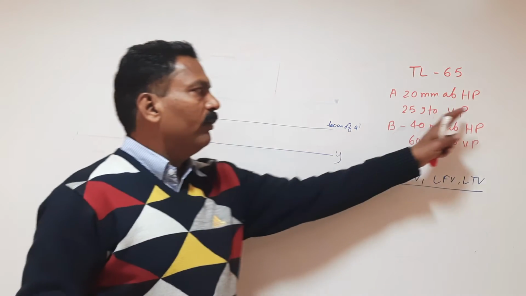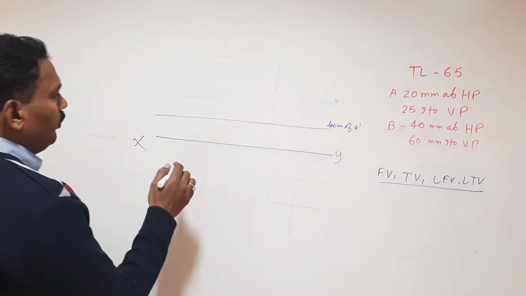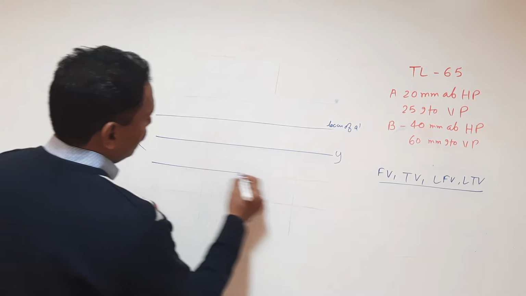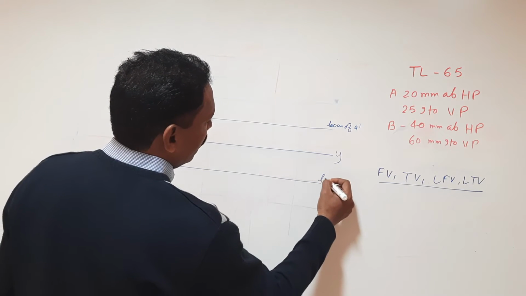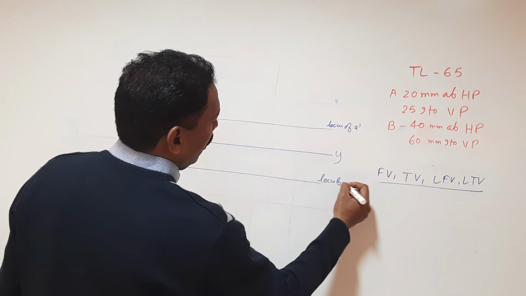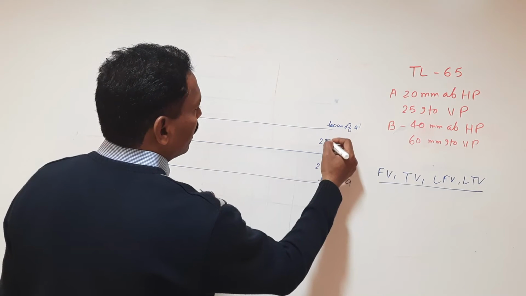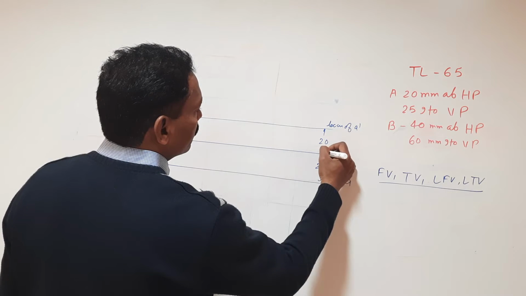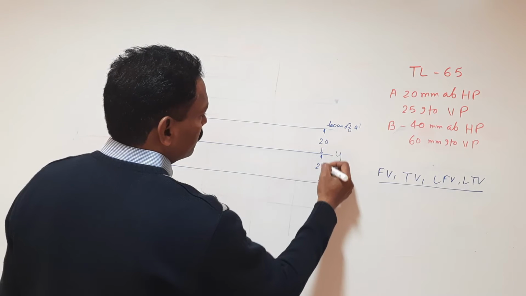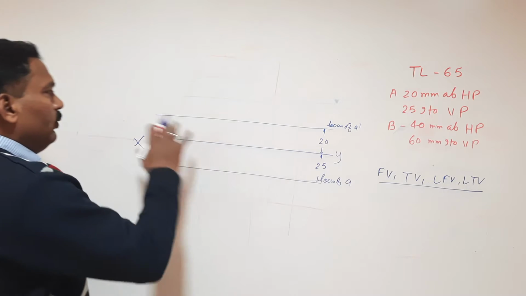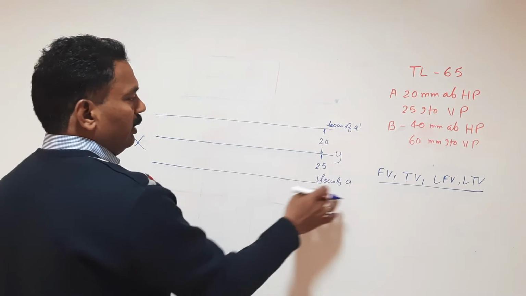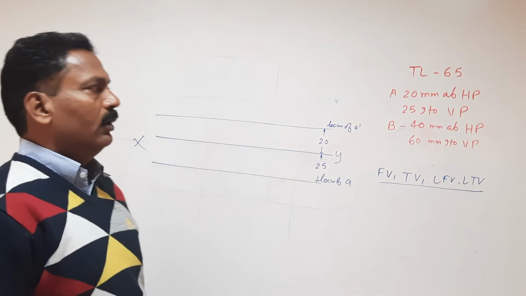As the point is 25 mm in front of VP, the top view of A will be at a distance of 25 mm. It is the locus of point A. This distance will be 25, this one is 20. So this one is the locus of A dash, this one is the locus of A.